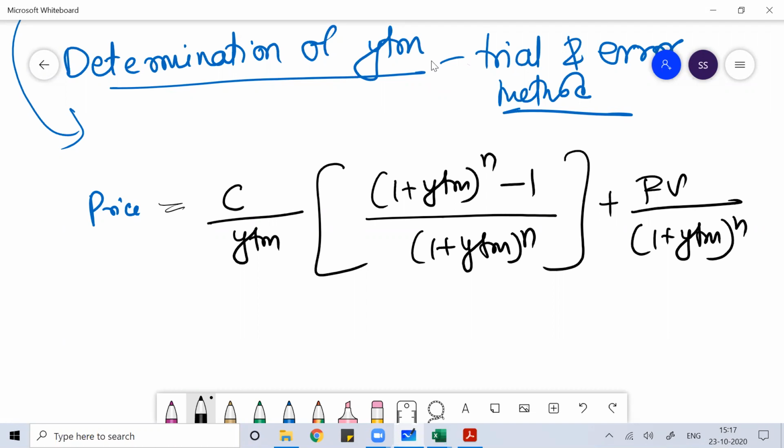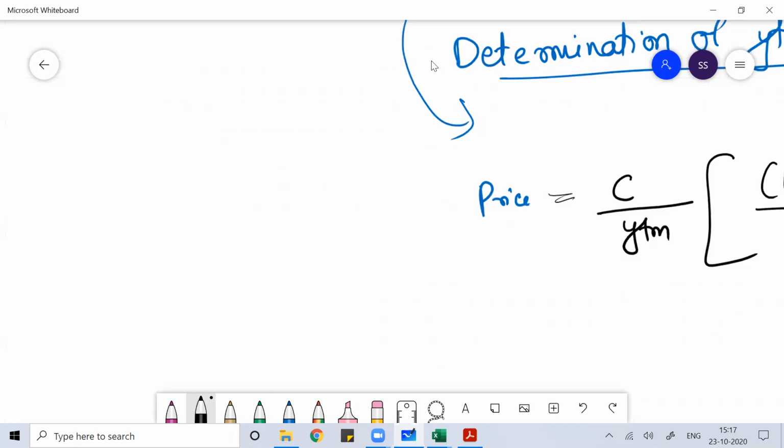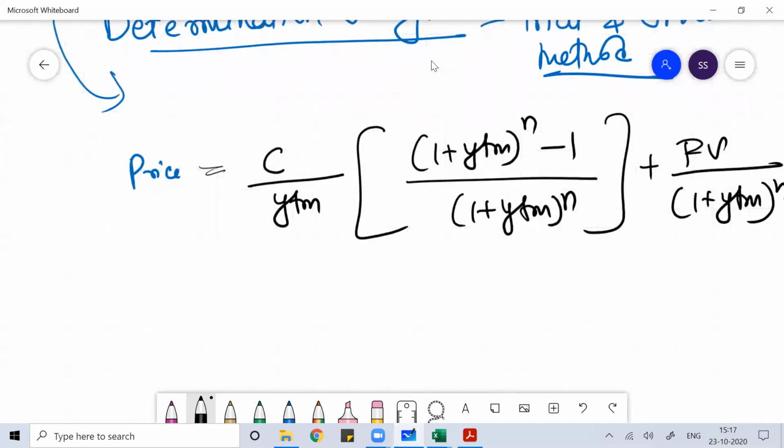Here you can see the price is 960.51. The coupon is given as 70, that is 7% of 1,000. YTM we don't know.